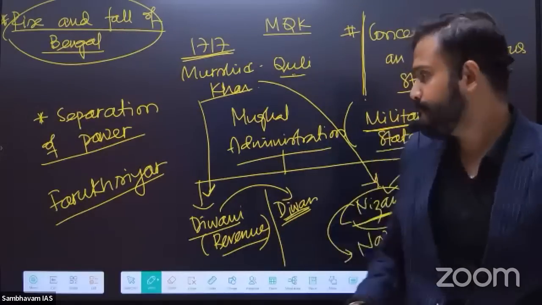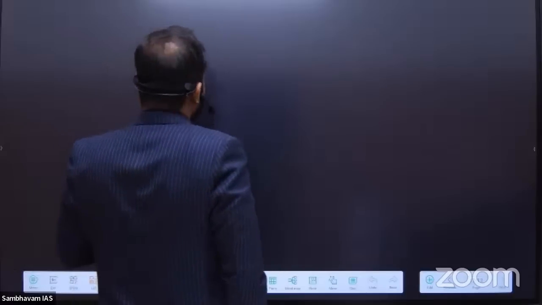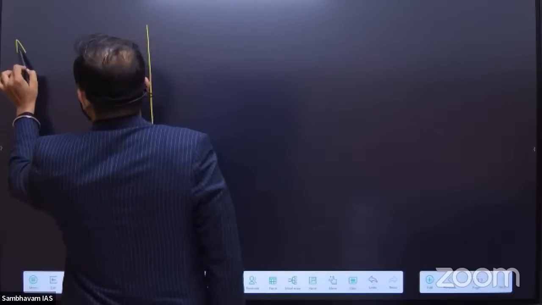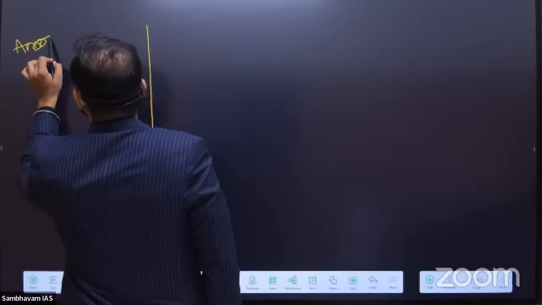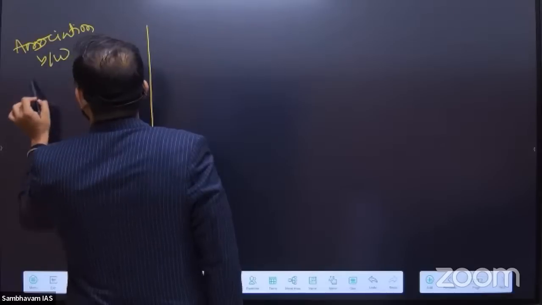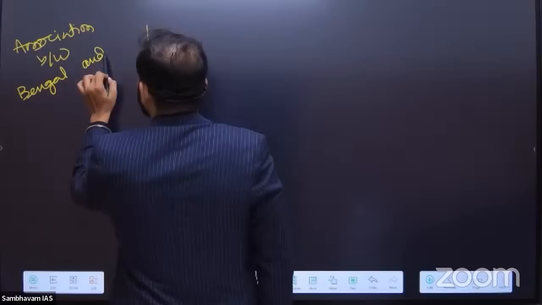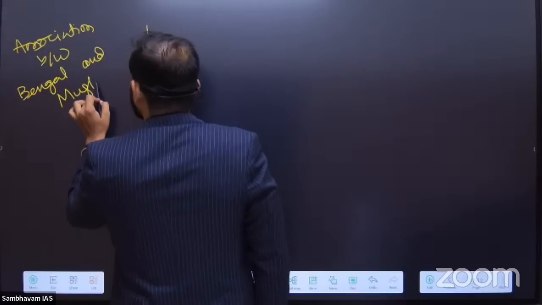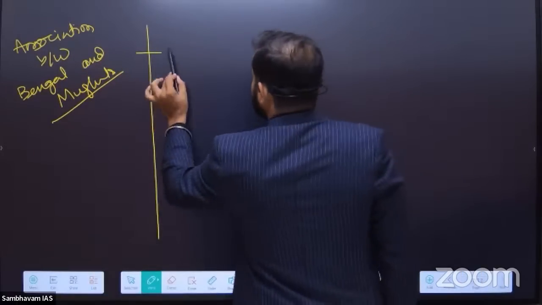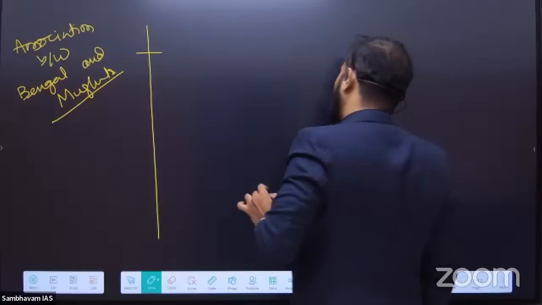For example, basically you are trying to understand the association between Bengal and Mughals. Number one, or simply you will write in bullet points. It will be easier for you to comprehend.